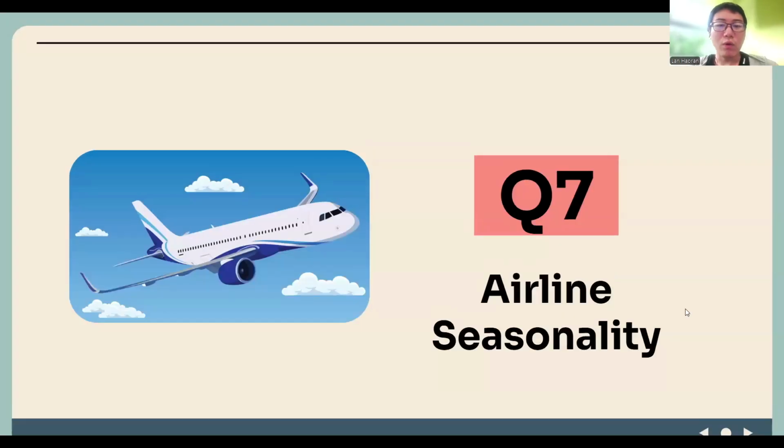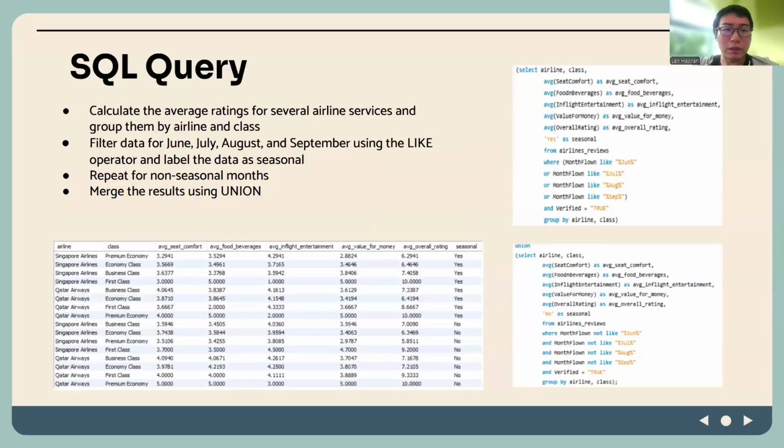Okay, so for question 7, we're going to talk about airline seasonality. Let's first start with the SQL query. For the query part, I first calculated the average rating for several airline services and grouped them by airline and class.